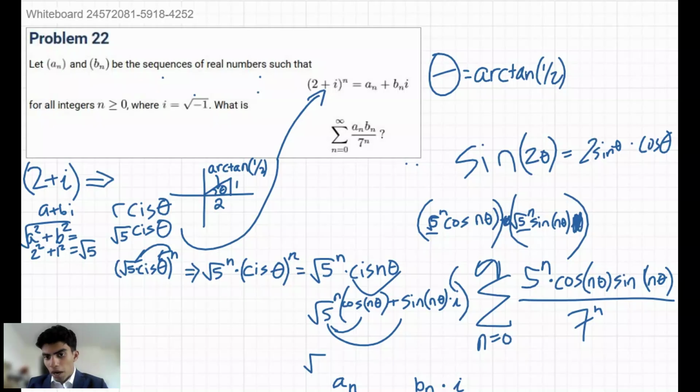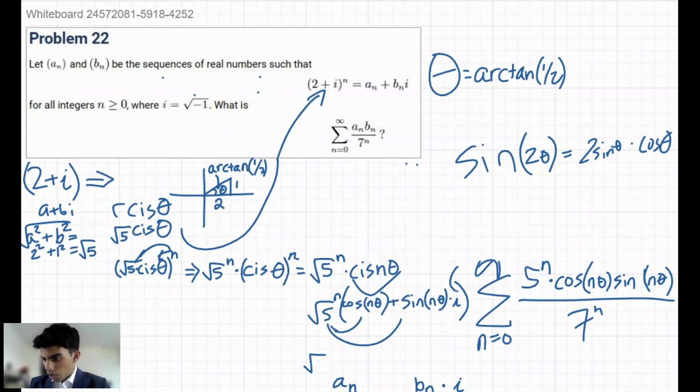So we can essentially combine it to make 1/2 sine of 2n theta. So let's combine these two terms.